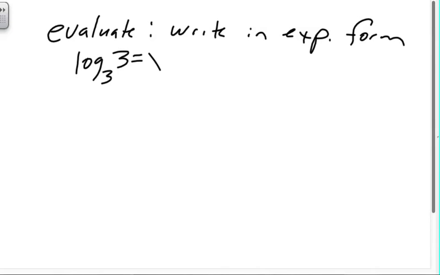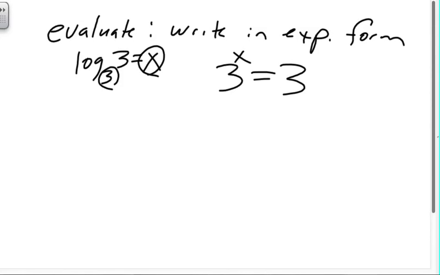So you want to find out what it's equal to. Okay, well, let's write this in exponential form. So there's my base. 3 to the x equals 3. Well, you can take a look at this and tell that x equals 1. In other words, 3 to the x is going to equal 3 to the 1, which means x is 1.